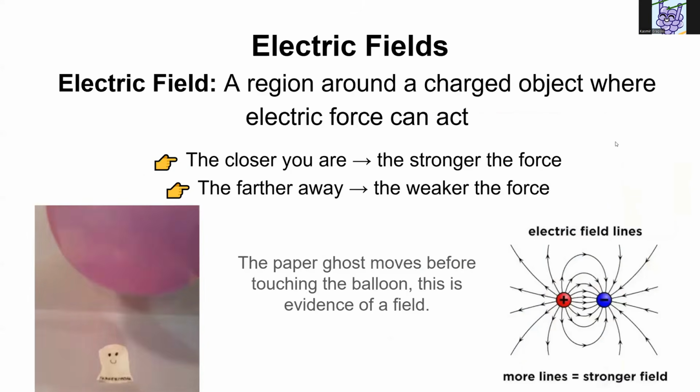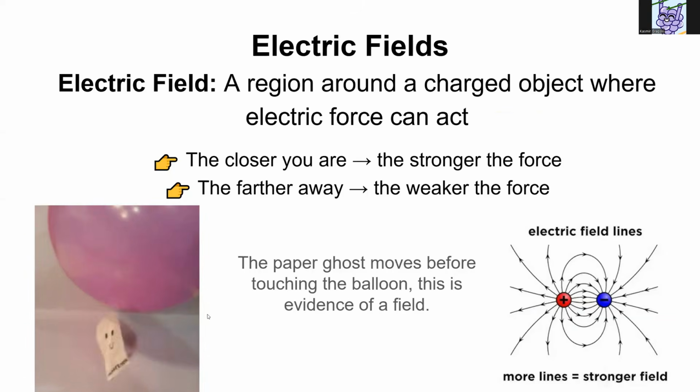So, electric fields. An electric field is a region around a charged object where an electric force can act. The closer you are, the stronger the force. The farther away, the weaker the force. In this GIF right here, the paper ghost moves before touching the balloon.